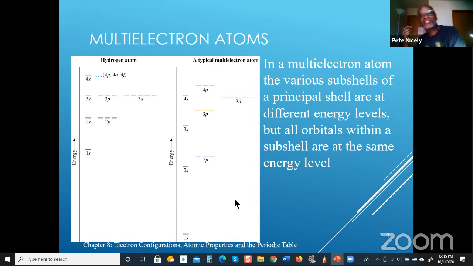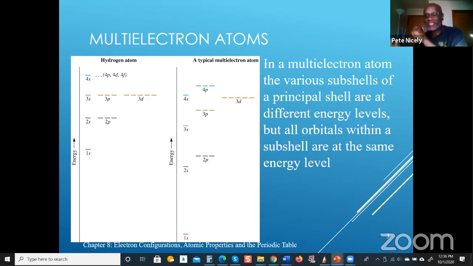And the simple explanation for that is that in a typical multi-electron atom, because you have more protons present, they will pull the electrons closer to the nucleus, and therefore those shells will be more stable, or the electrons in those shells will be more stable, and therefore would have lower energy, all right? So that's one big difference between the hydrogen atom and a typical multi-electron atom.